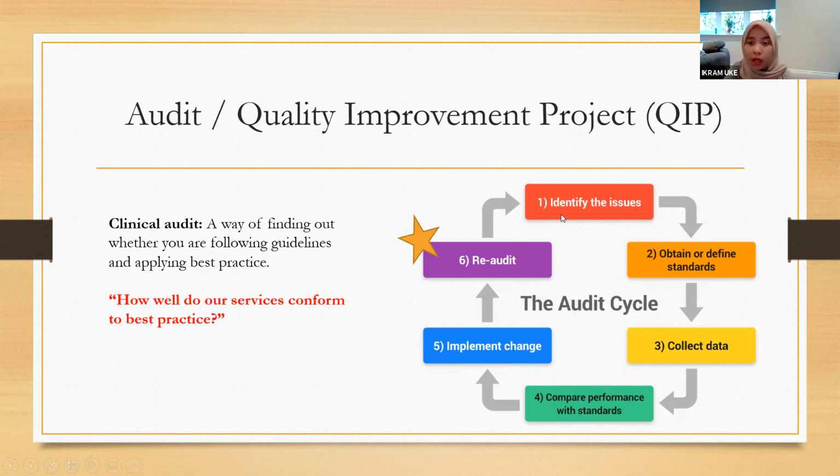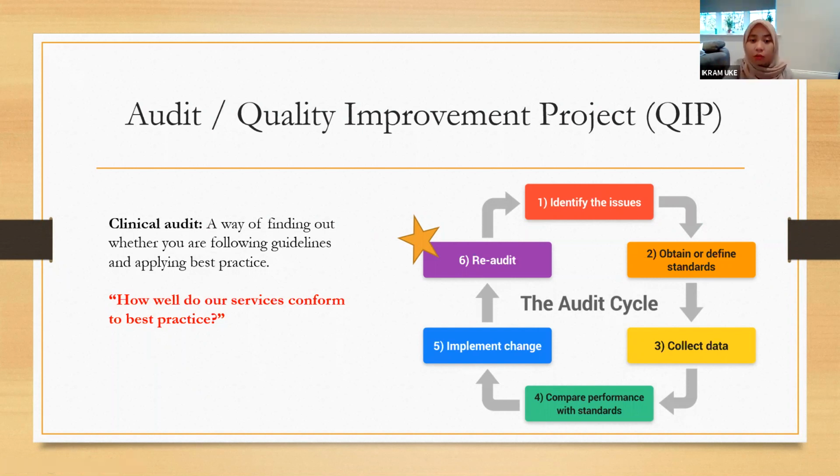So you basically repeat the entire bit, bit 1 to 4, and basically that's what re-audit is, and then see if you have made a change. And that's what a re-audit is, and that's what a complete cycle loop is.